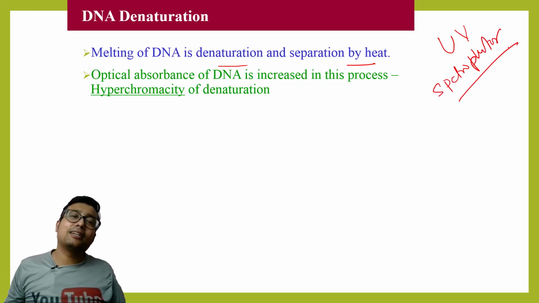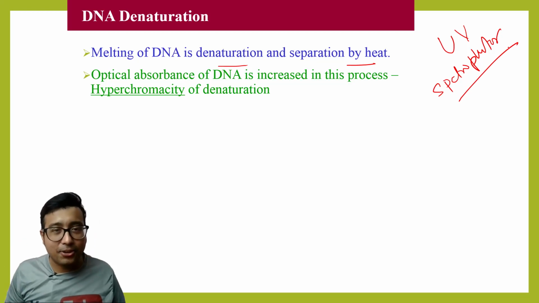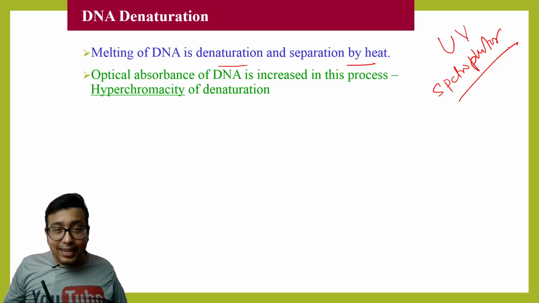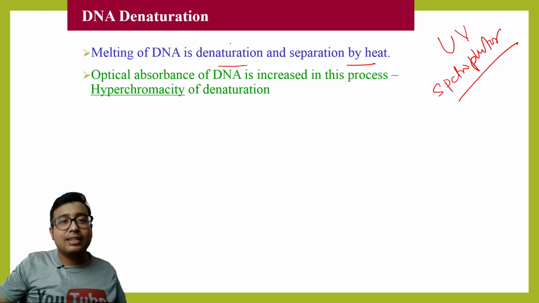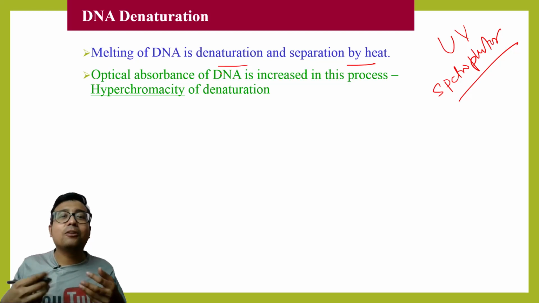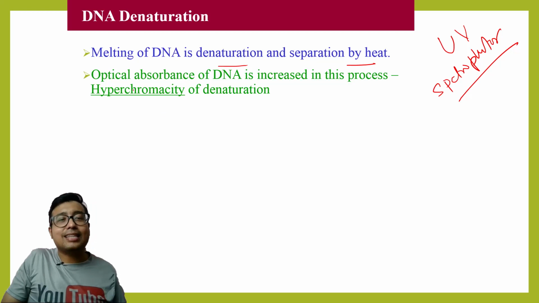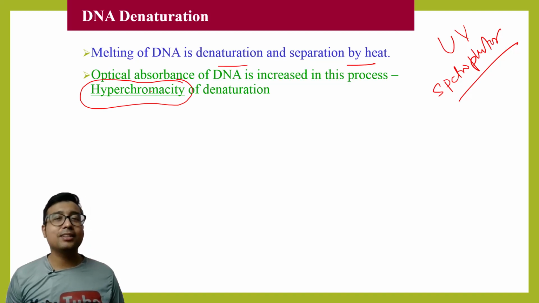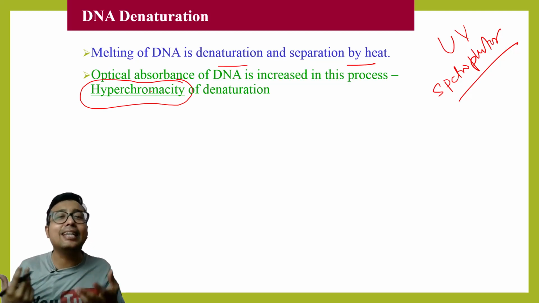And the instrument that measures the OD in UV light is a spectrophotometer. Strangely, it has been found that when DNA denatures, the absorbance increases. This is known as hyperchromicity. That is the increase in optical absorbance or optical density of DNA under UV light in a spectrophotometer during denaturation.